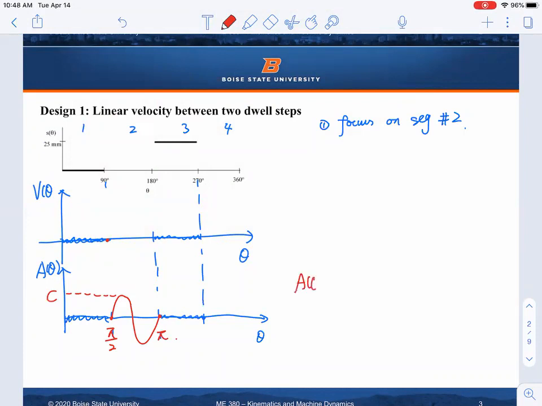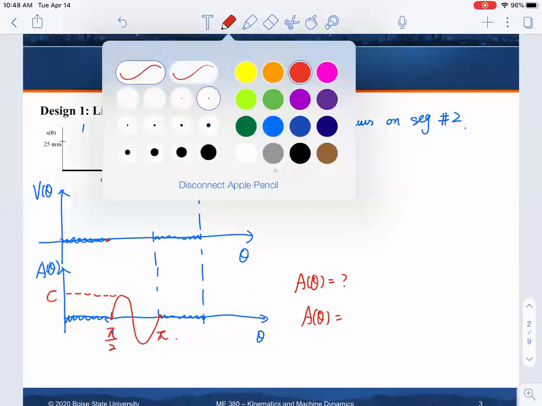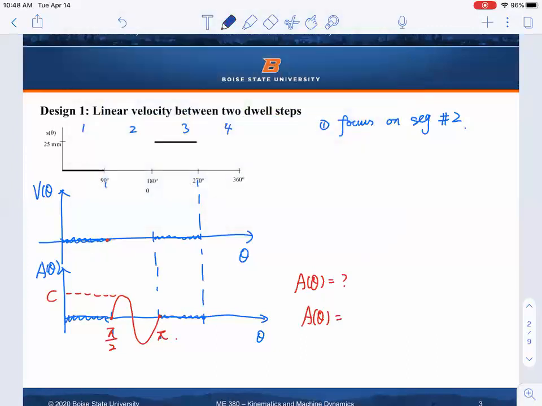So your a theta, what is that? At this point, you're going to see why we need an x domain. Right now, your sine wave is not starting at theta equal to 0.